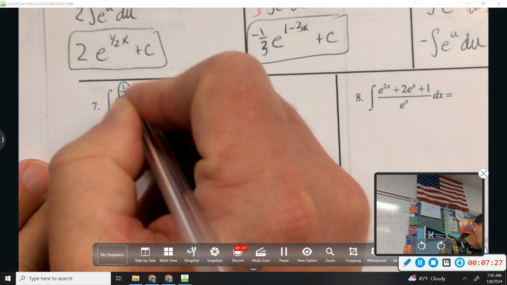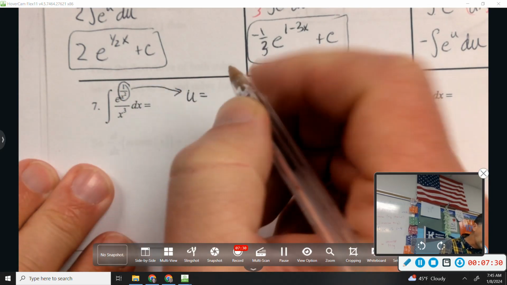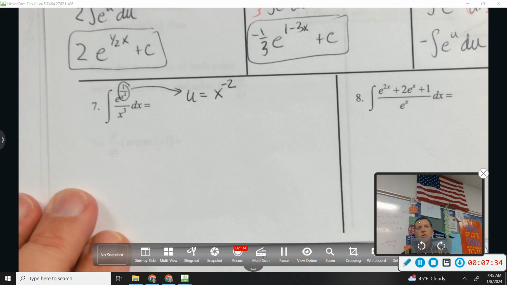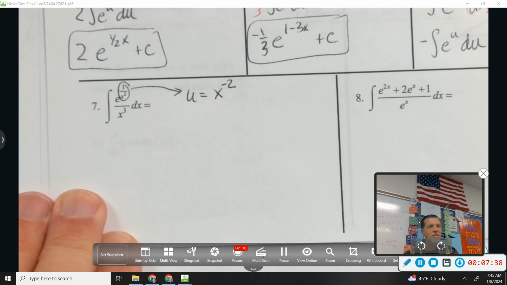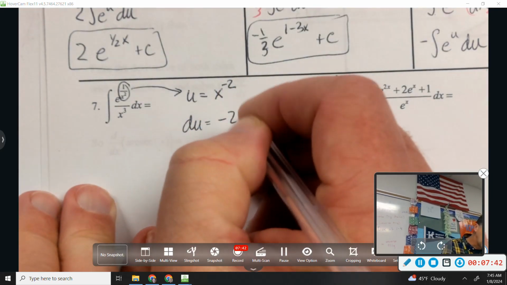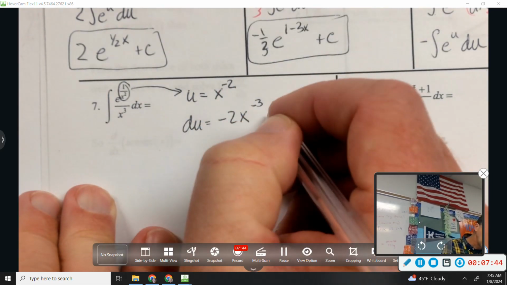Well, our usual rule is let u be the exponent. I'm going to rewrite that as x to the negative 2, because I can take a derivative of that a whole lot easier than 1 over x squared. So negative 2 x to the negative 3.